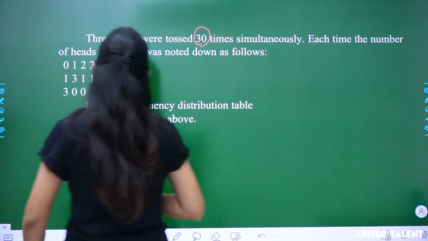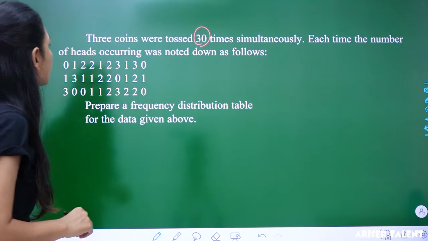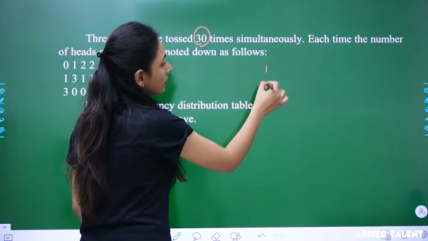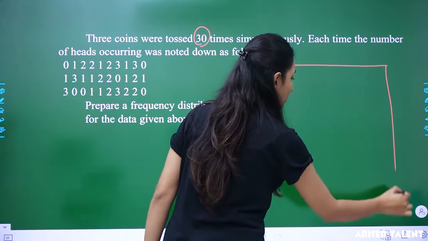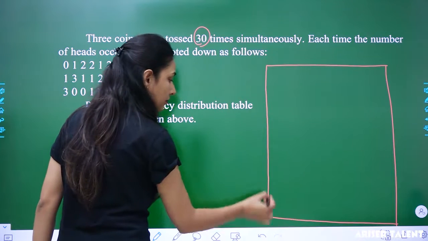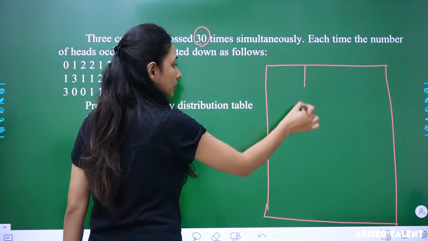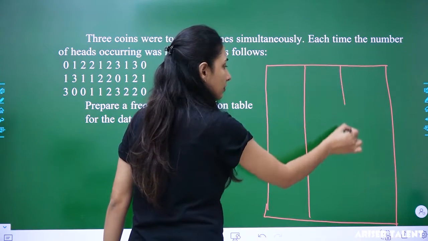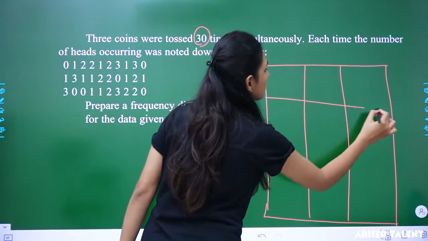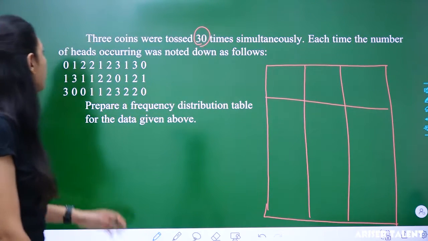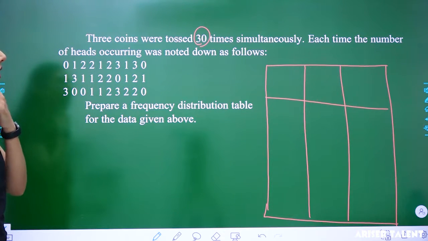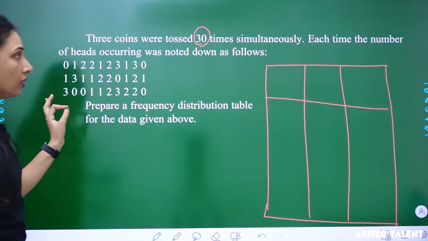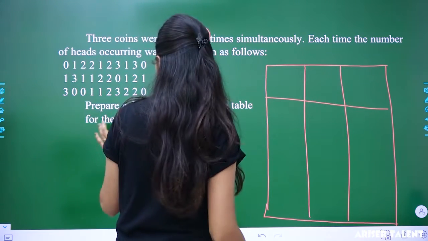Right. So okay, what are we going to do? Here we have 3 coins tossed together 30 times simultaneously. Each time the number of heads occurring was noted down as follows.